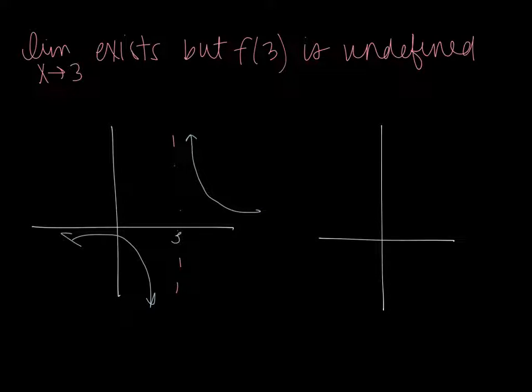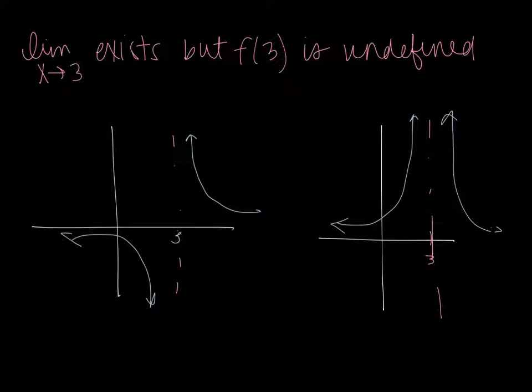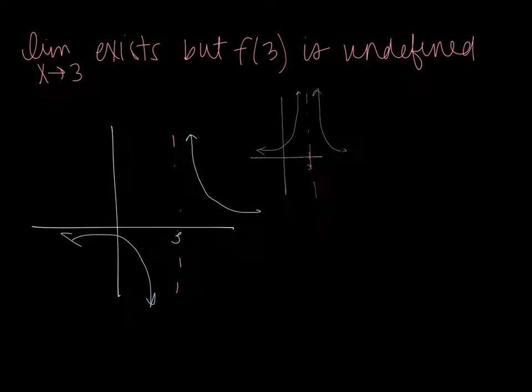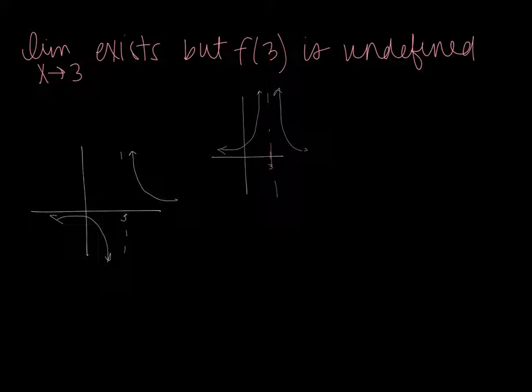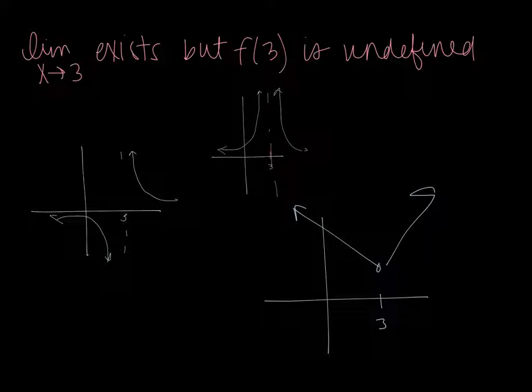So a way to fix that would have been to either have them both going off to positive infinity or both going off to negative infinity. Some of you used holes, some of you did like an absolute value type thing with a hole, like that. Also great. So yeah, that was about that question.